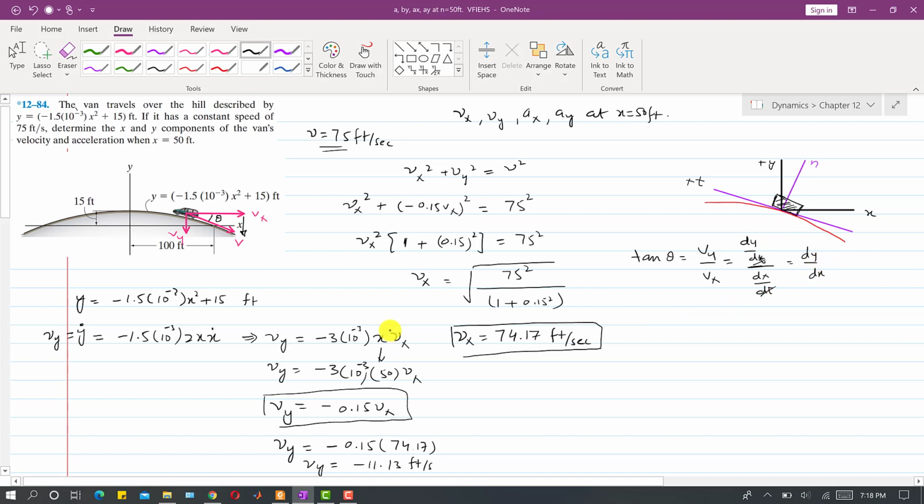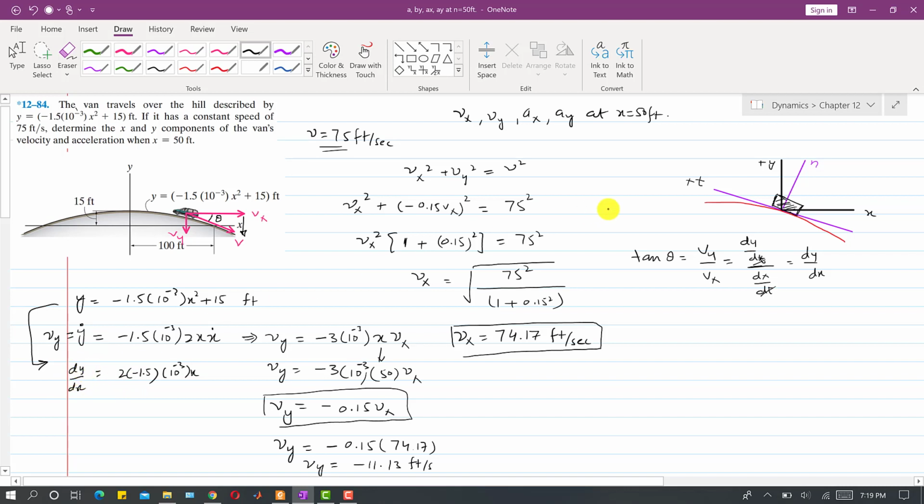If I take the derivative of this with respect to x, this will be dy by dx, and that will be 2 times minus 1.5 times 10 raised to the power minus 3 x. And this will become 0, and then there will be no x dot. Remember, when this is dy by dt, we will have to apply the chain rule, but now this is only the derivative of y with respect to x.